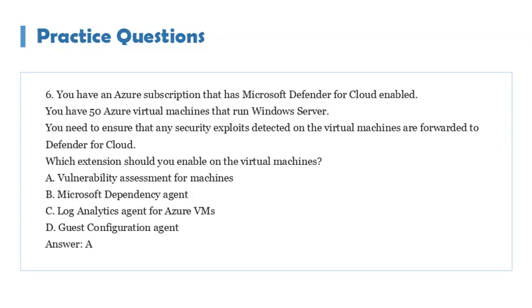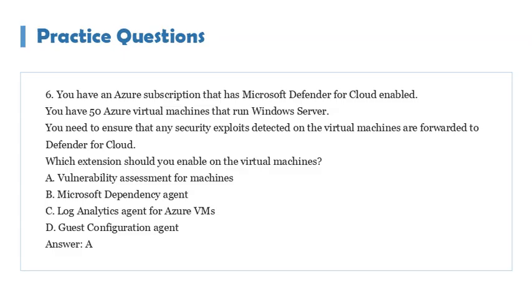6. You have an Azure subscription that has Microsoft Defender for Cloud enabled. You have 50 Azure virtual machines that run Windows Server. You need to ensure that any security exploits detected on the virtual machines are forwarded to Defender for Cloud.